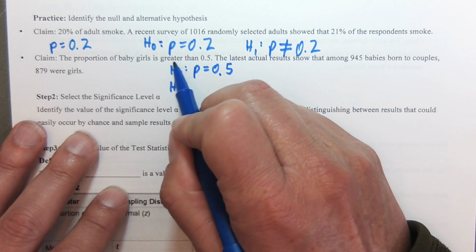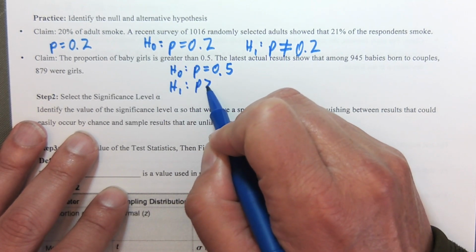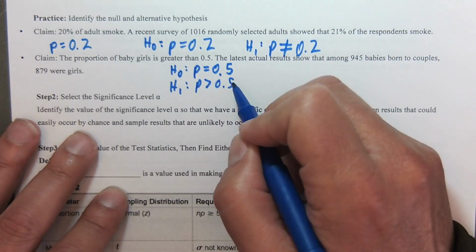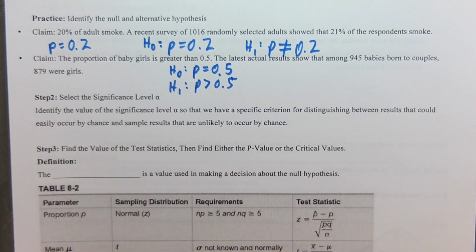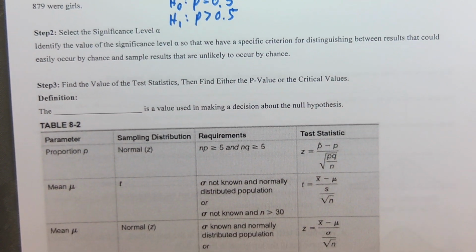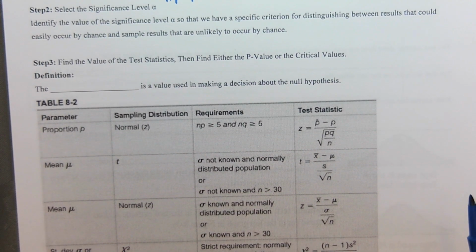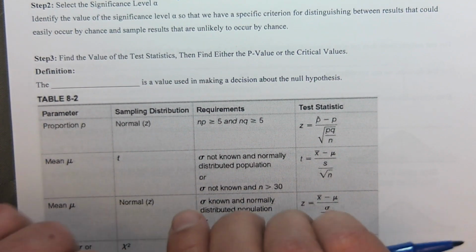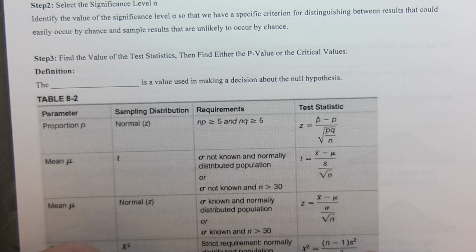So the claim is that it's greater than, so P is greater than 50%. And based on the data that we have here, I tend to agree. 93% is out of control and not very realistic. So that's our first step in all of these major hypothesis testing is what is the null hypothesis, what is the alternative hypothesis.